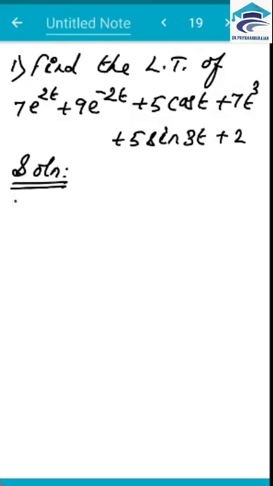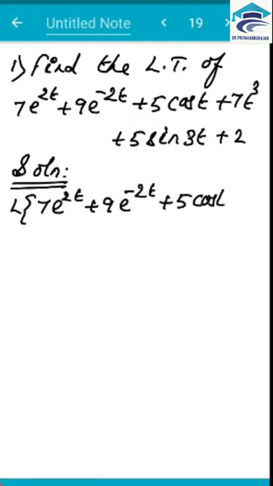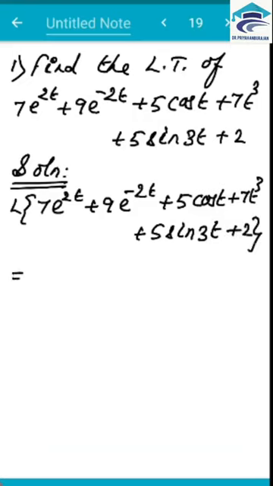Now let us apply the formula. L of 7 e power 2t plus 9 e power minus 2t plus 5 cos t plus 7 t cube plus 5 sin 3t plus 2 is equal to, we have to separate the terms right now and take out the constants. 7 is a constant for the first term.